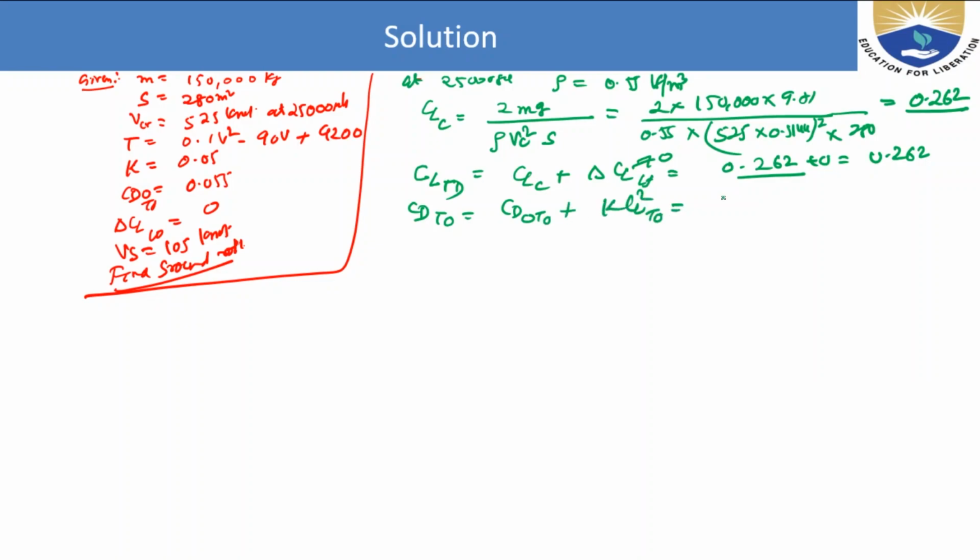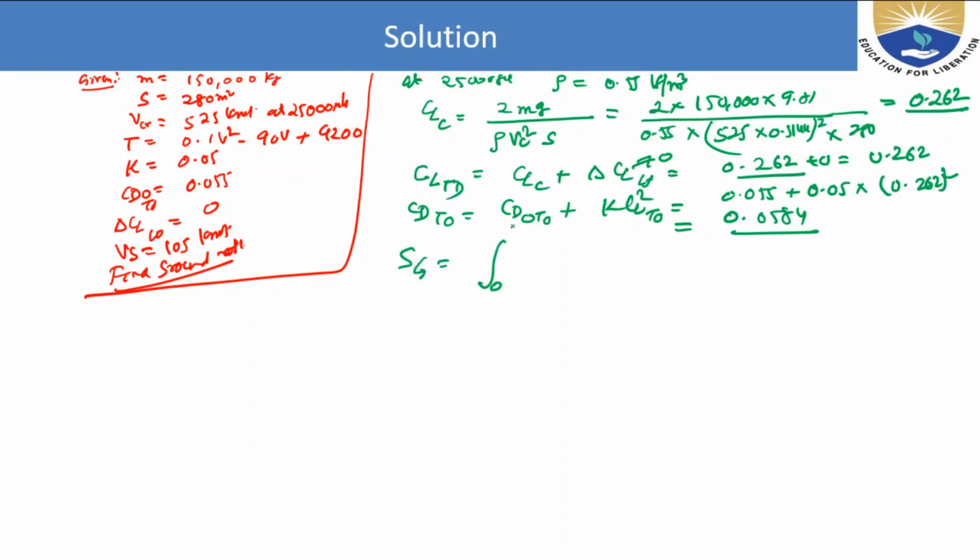CD naught is given 0.055 plus 0.04 into 0.262 square. So you will get 0.0584.